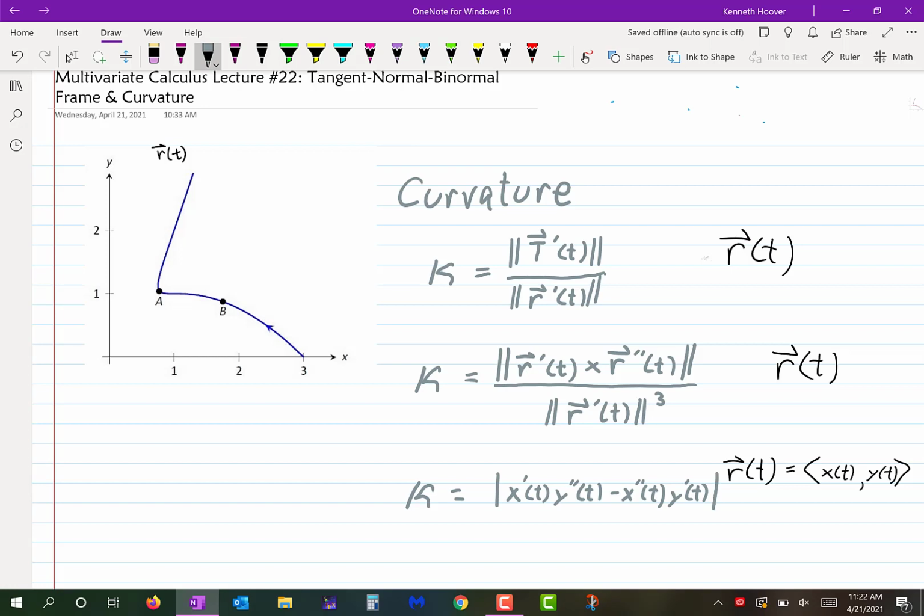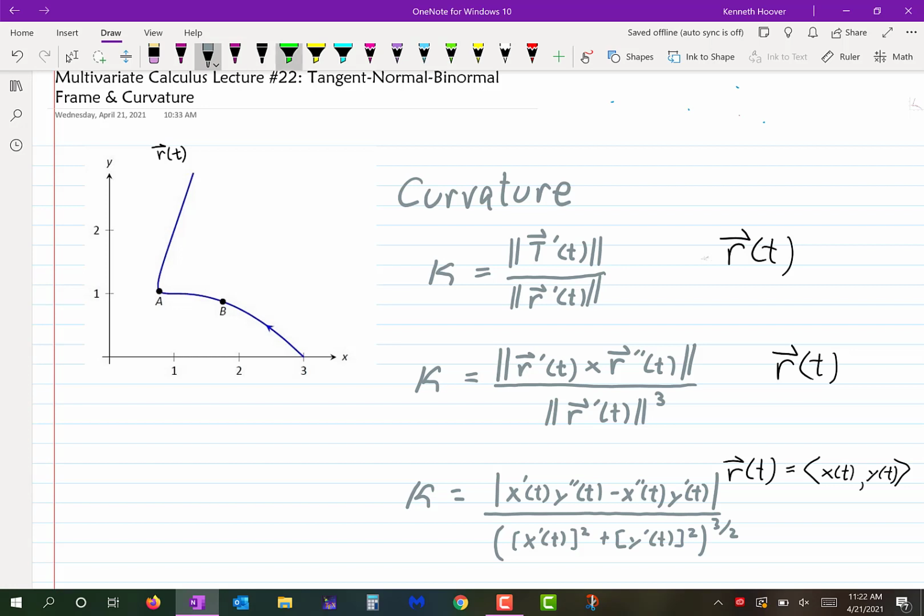I say absolute value, not magnitude, because this would be a number, not a vector, right? And then you divide that by x prime of t squared plus y prime of t squared, and then you raise that whole thing to the 3/2 power.